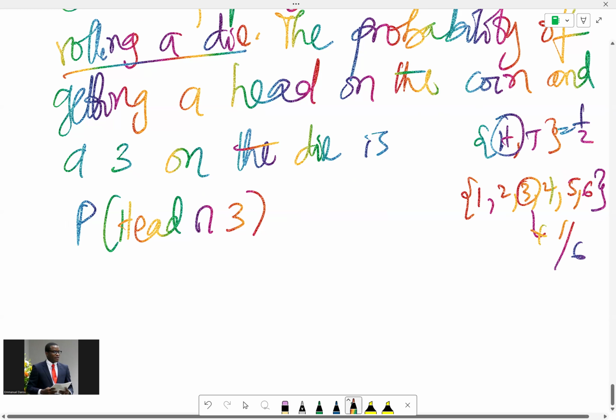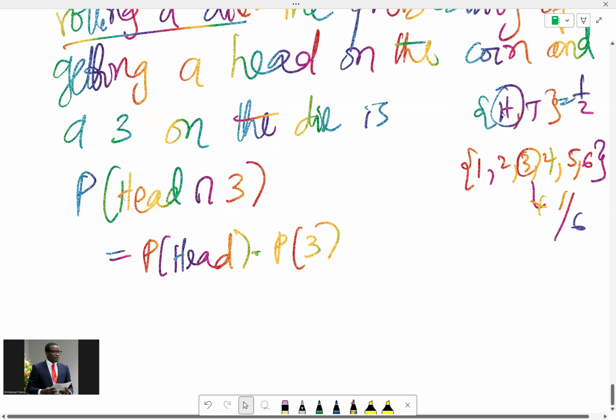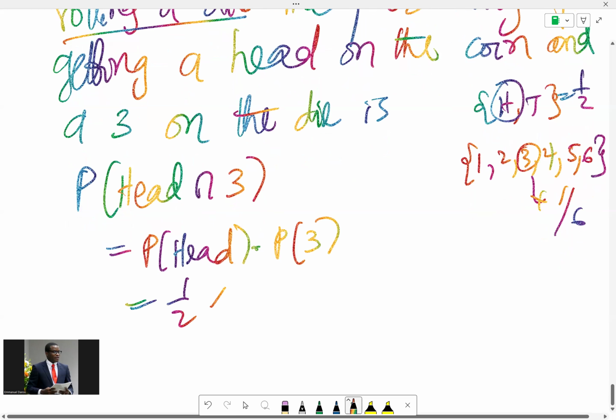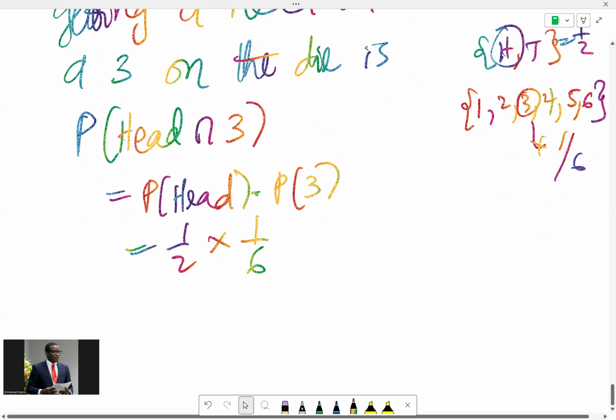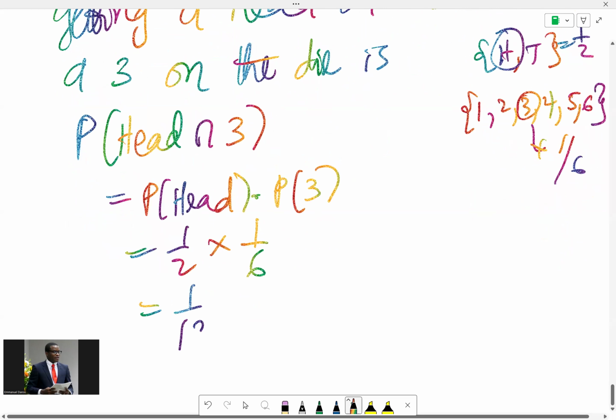So the probability of getting a head and a 3 together is probability head multiplied by probability 3. So that's 1/2 times 1/6, which becomes 1/12. That's for independent events.